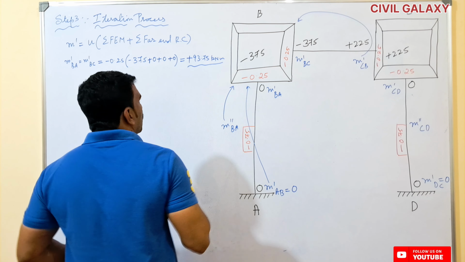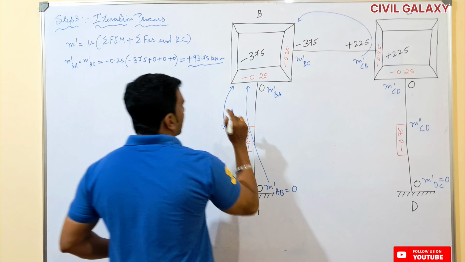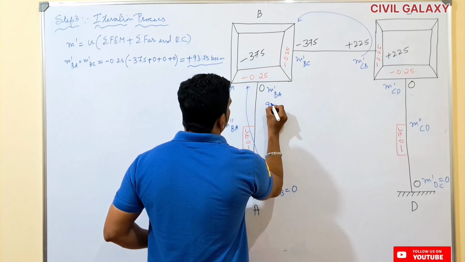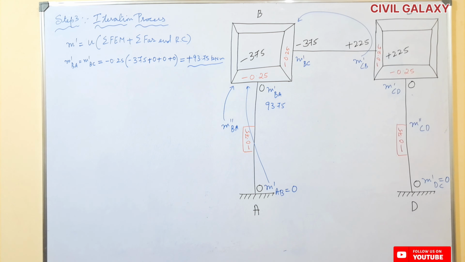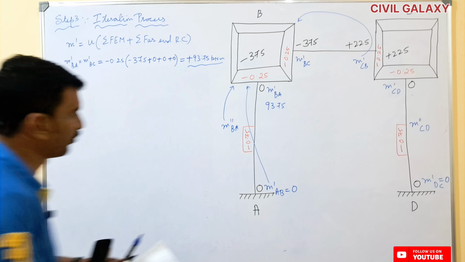So this value we have to write over here, that is 93.75. I will write in another color pen so it will be easy to follow.